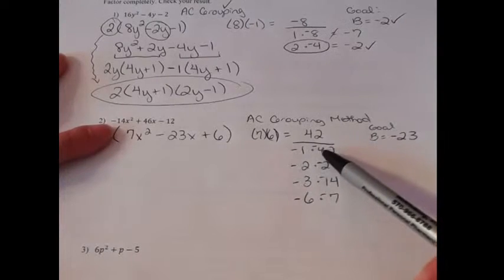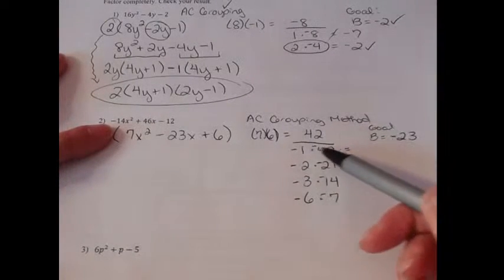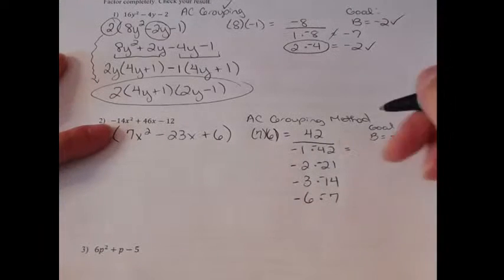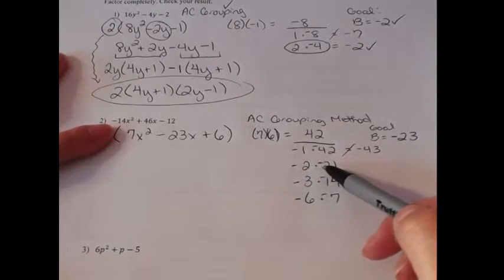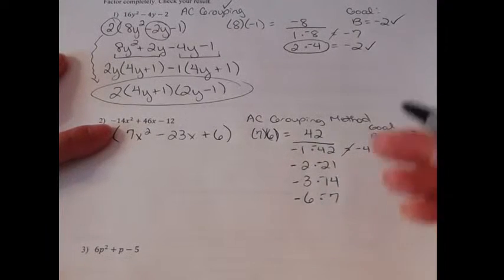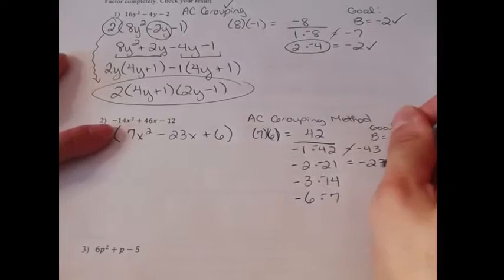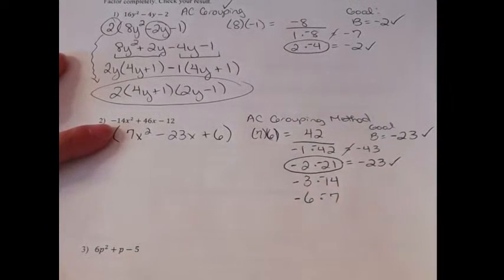Negative 1 times negative 42 is a positive 42, but when we combine these, negative 1 minus 42 is negative 43, so that's not going to work. We're looking for a negative 23. Negative 2 times negative 21 is a positive 42, and negative 2 minus 21 is negative 23. And guess what? We have just found the correct pair. So that takes care of our AC part.